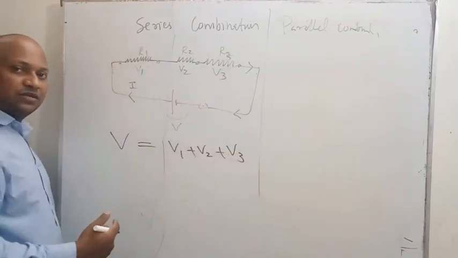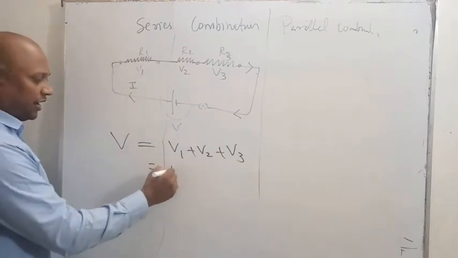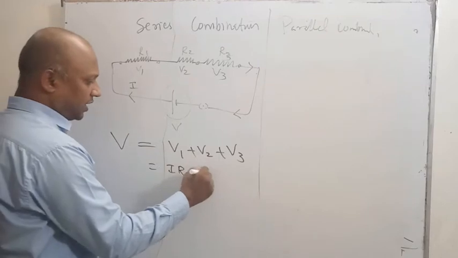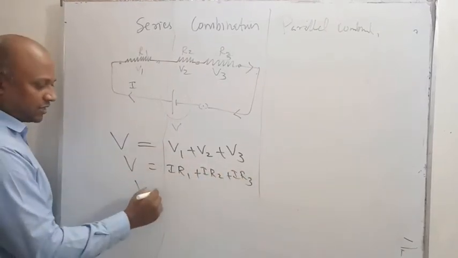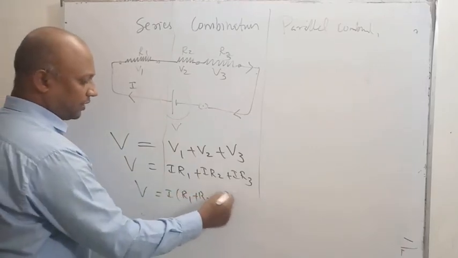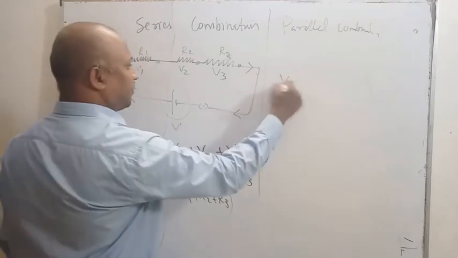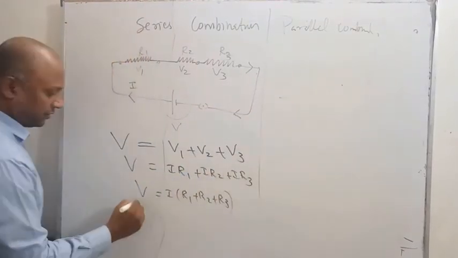So the sum of the potential differences is equal to the total potential difference. By Ohm's law, V is equal to IR. So IR1 plus IR2 plus IR3, and V is equal to I into R1 plus R2 plus R3. And this I you take here, V upon I is equal to R1 plus R2 plus R3.